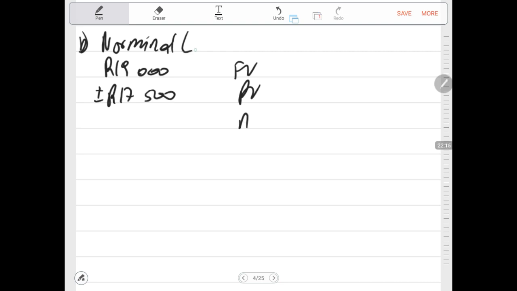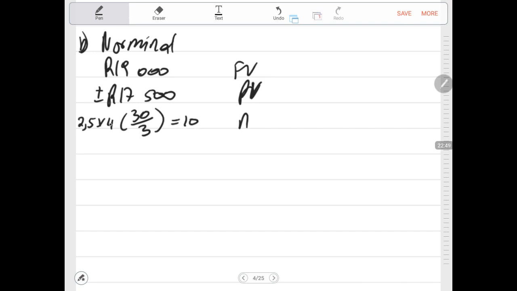Remember, our nominal rate can be monthly, quarterly, whatever the period is. Therefore we need to make sure that our n is per quarter, because our interest is compounded quarterly. So our n will be 2.5 times 4, or 30 months divided by 3, which at the end of the day becomes 10.